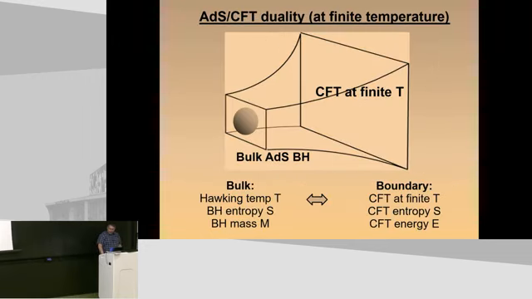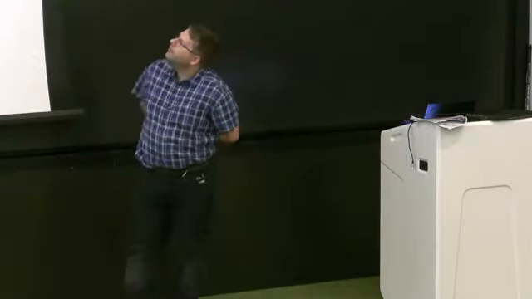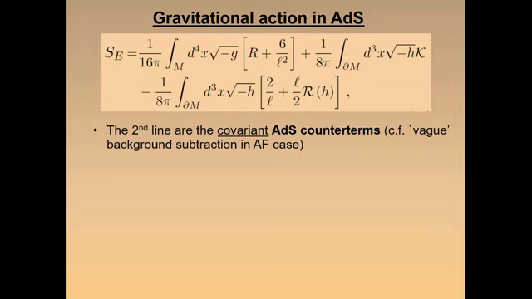Of course, this is the theme of the course, but one thing which was very interesting for us is that if you consider the gravitational action in AdS, then you have a very nice covariant prescription for how to calculate it. Instead of this vague background subtraction, you have these beautiful AdS counterterms, which is the second line over there.